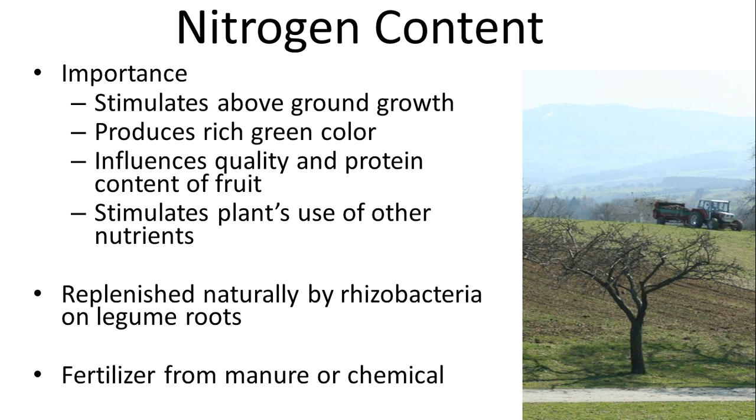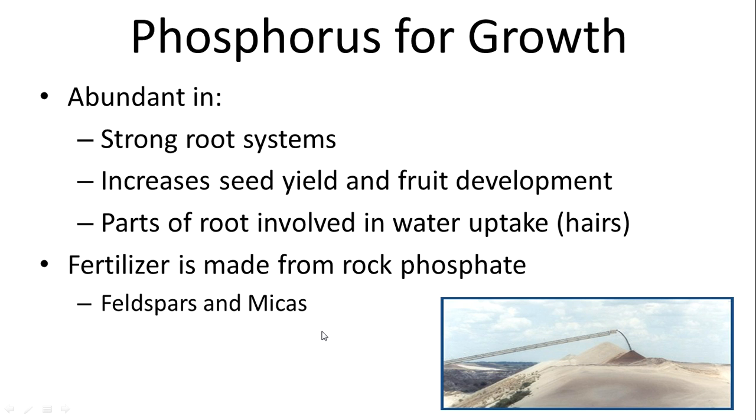And so nitrogen can come from a couple of places. We can use it through manure, so natural fertilizers, or through chemical fertilizers.